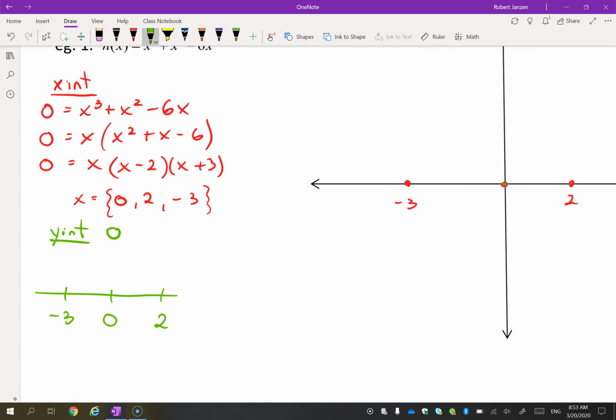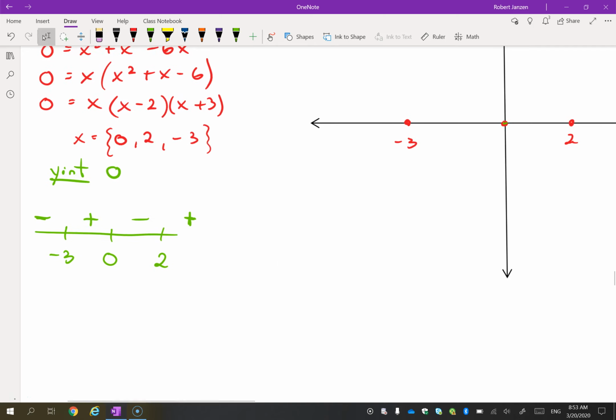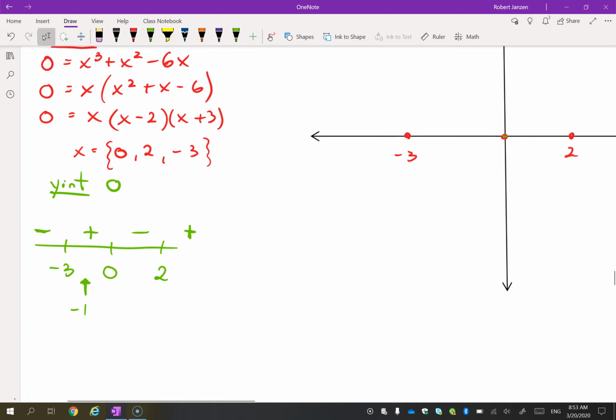Okay, now I already mentioned to you that it's going to end off positive here and begin negative here. I can take a guess that this is going to alternate. Because you don't know why they alternate yet, you might want to do a check. So if you test a point here, let's check -1. If I place that into my factored version right here, I would get negative, negative, positive.